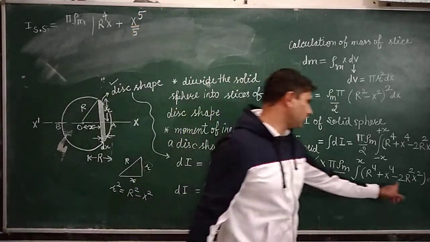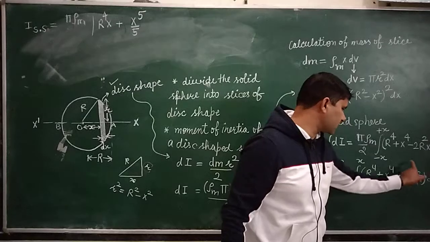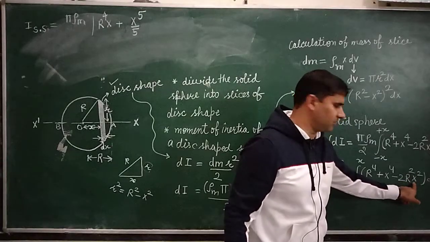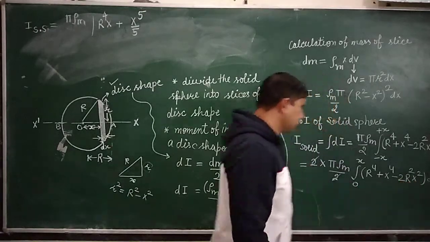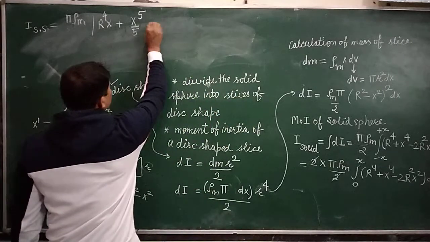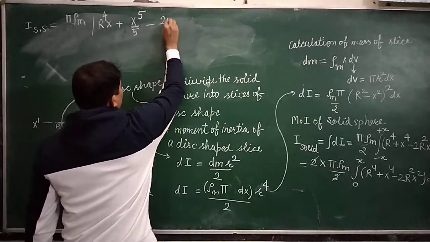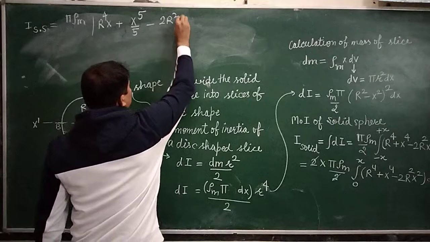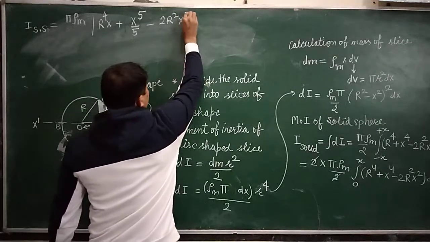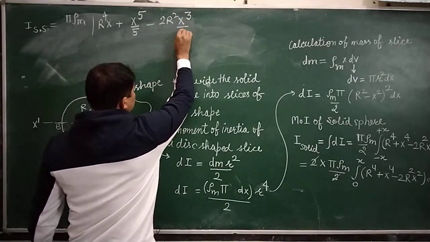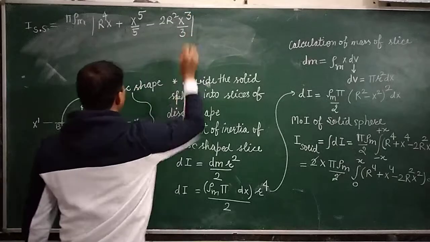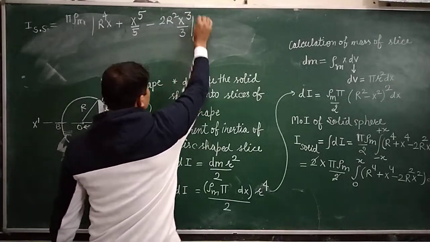Then you have minus 2 r square, and x is the variable, so this is the constant, and you will get minus 2 r square and x raised to power 3, one power will increase and the same will be in the denominator.